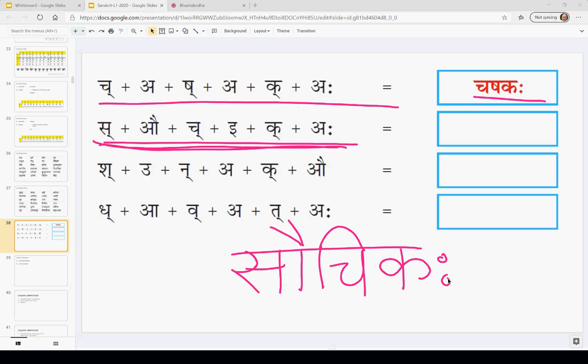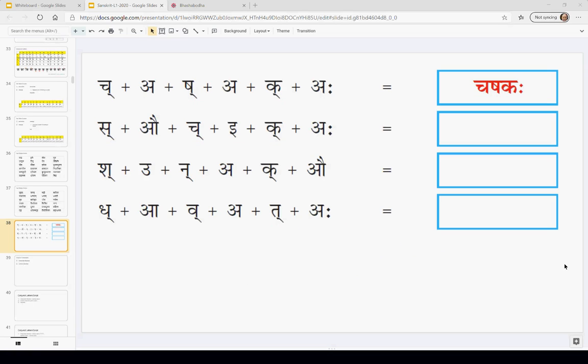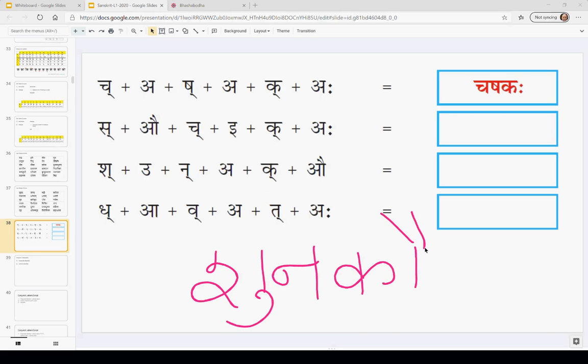Sauchikaha means tailor. So the next one, Joy, you want to unmute? This one you want to try to combine? Shunakau. Good. Shunaka means dog. Shunakau means two dogs.